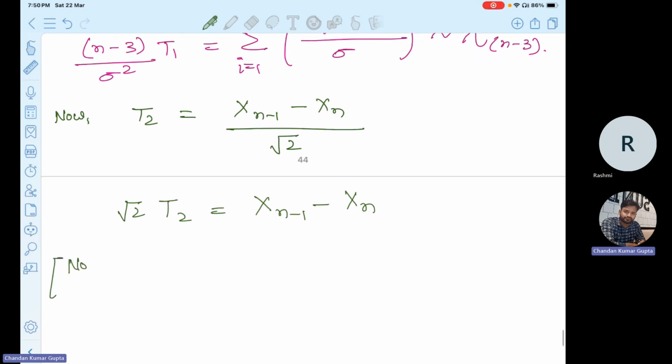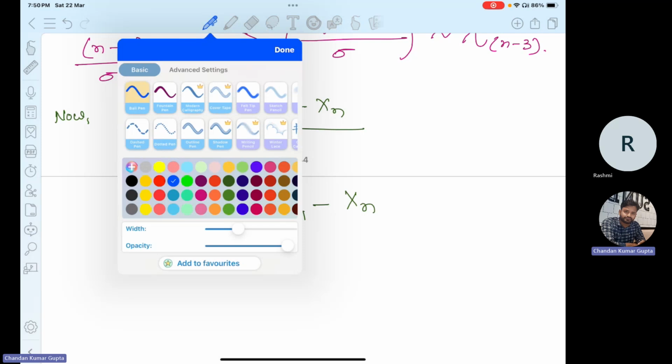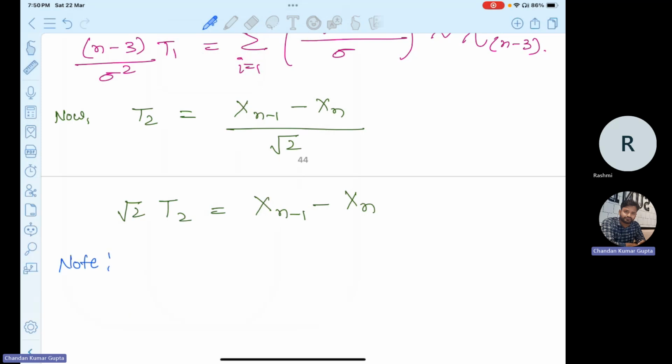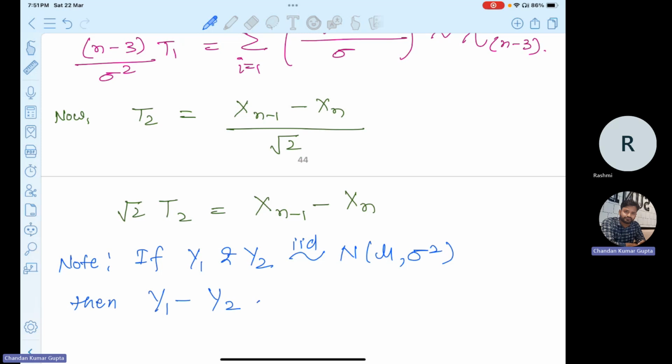Let me write a note: if y1 and y2 are IID normal with mean mu and variance sigma square, then y1 minus y2 follows normal with mean mu minus mu, that means zero, and variance sigma square plus sigma square.